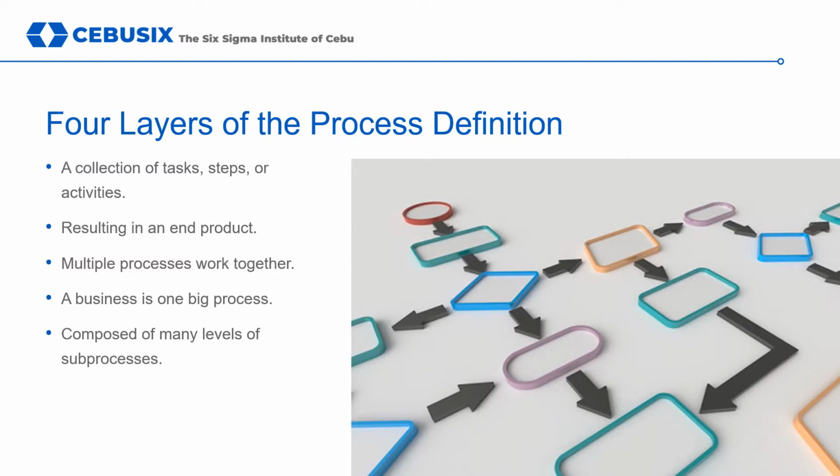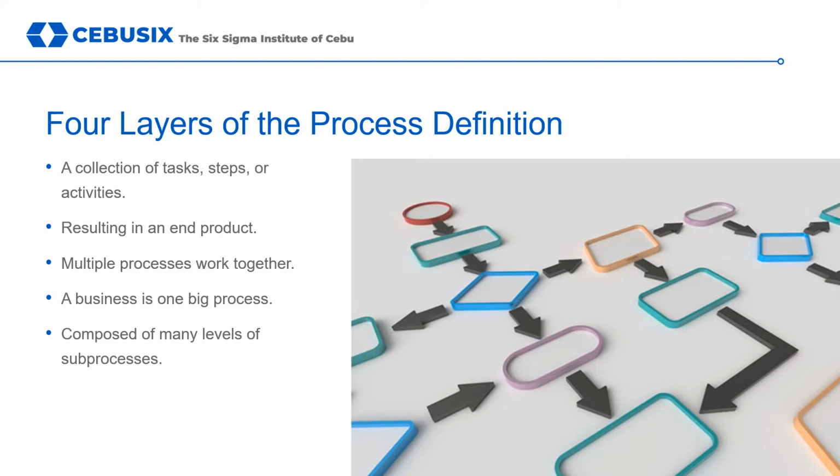A process is nothing more than a collection of tasks, steps, or activities that are performed usually in a specific order and result in an end product such as a tangible good or the provision of a service. In a business, multiple processes work together to achieve organizational goals.